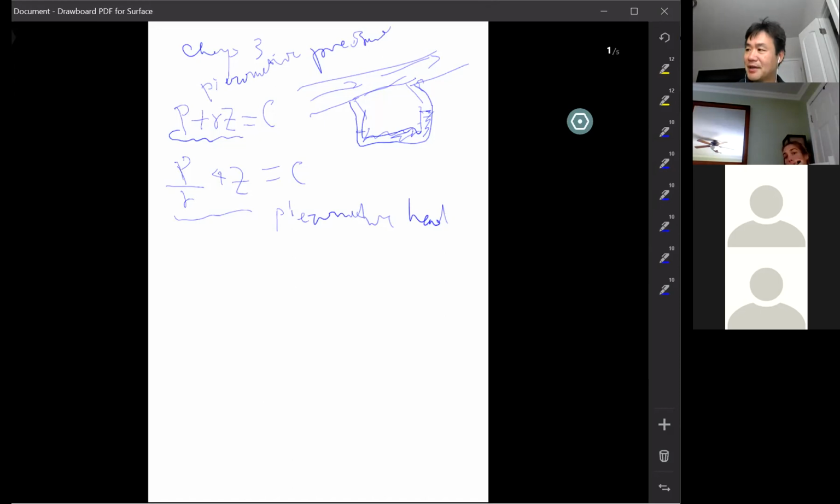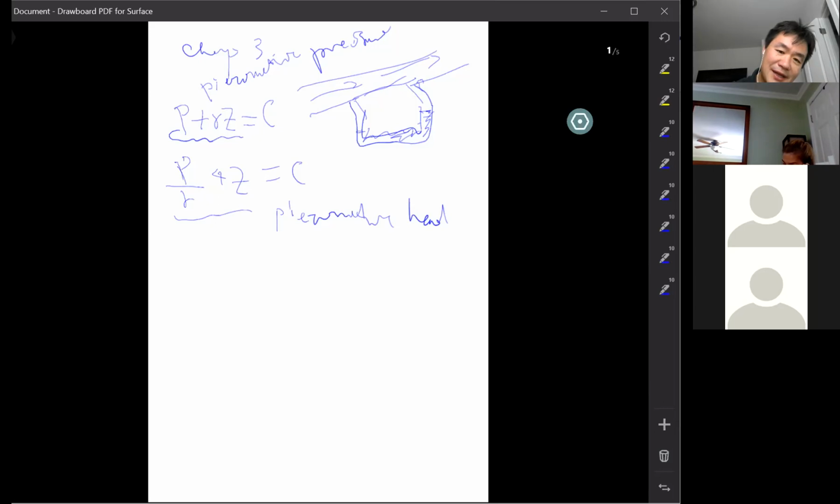At two different locations, at three different locations, or however many different locations, the P always changes due to the different elevation. However, the P plus gamma Z as a whole doesn't change. Okay, it doesn't change.